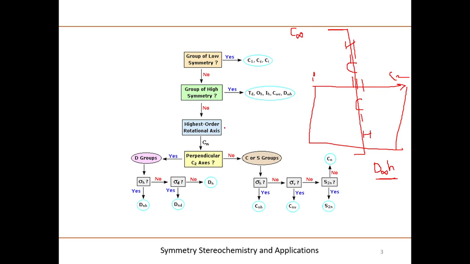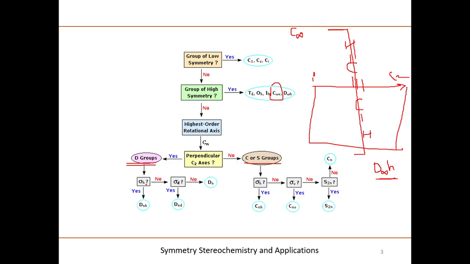So now let's talk about the other point groups. If the highest order rotational axis is present in a molecule, then we will check for the perpendicular C2 axis, that is called the subsidiary axis. If it is present, then we write D, as I have written here. If it is absent, then we write C, as we have checked in C infinity V. Now after writing D, we will check the plane of symmetry.